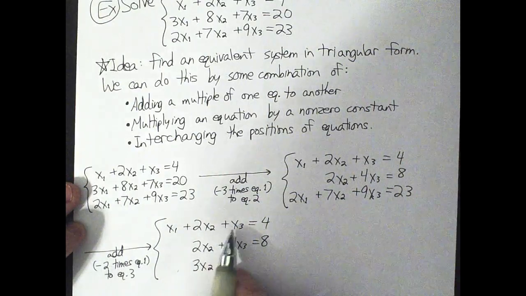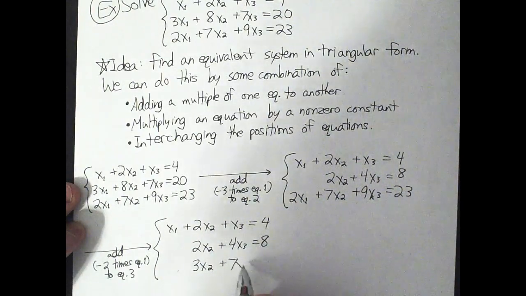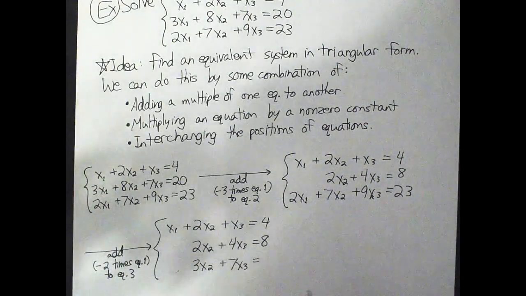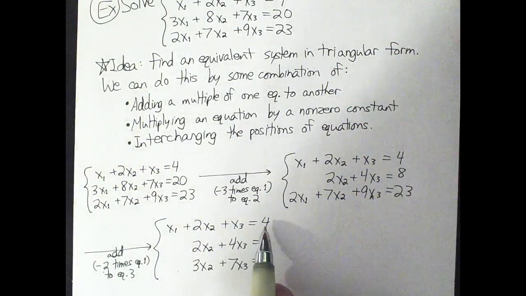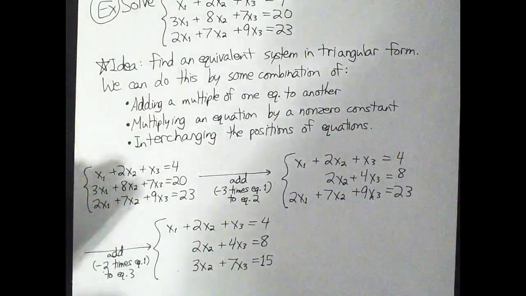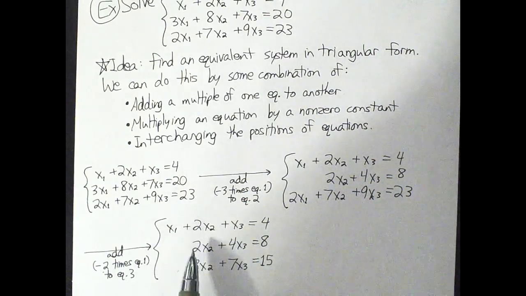And then -2 times x3 is -2x3 getting added to the 9x3 that was already there. Gives me 7x3. -2 times 4 is -8. Add that to 23 to get 15. We're almost there. Now, is this triangular form? No, not quite, because we got that 3x2 in the way, but maybe there's something we could do about that.